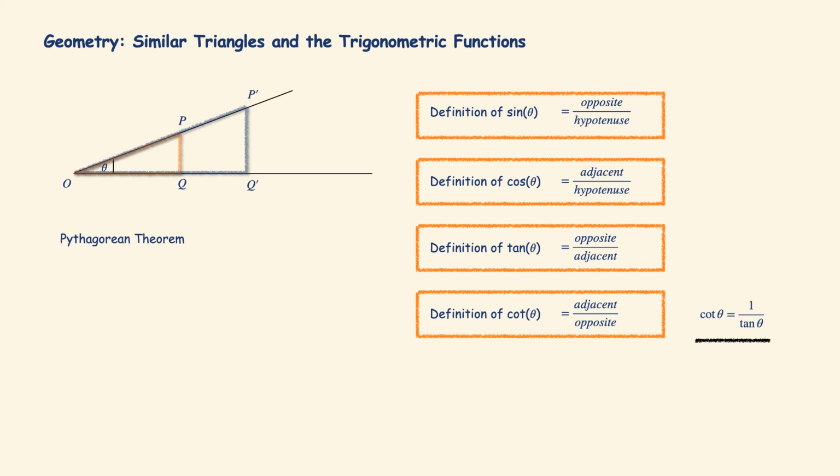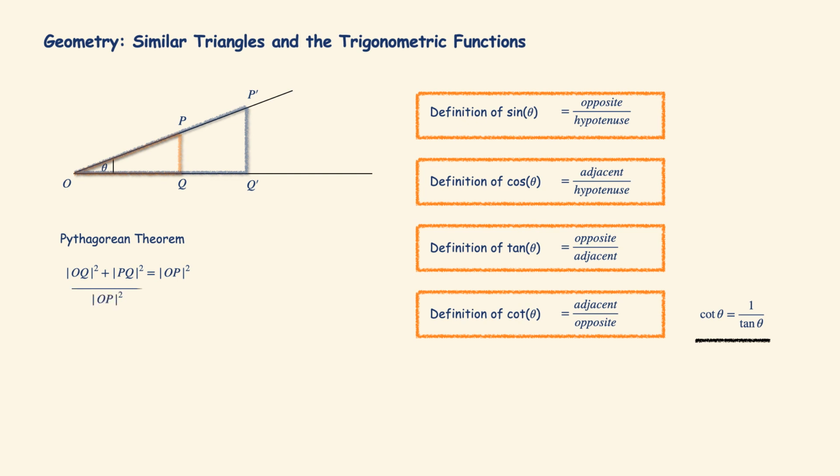One more thing here. As far as right triangles, we have the Pythagorean theorem that tells us that the sum of the squares of the sides is always equal to the square of the hypotenuse. So let's look at the orange triangle here for a second. The Pythagorean theorem for the orange triangle means that OQ squared plus PQ squared has to be equal to OP squared.